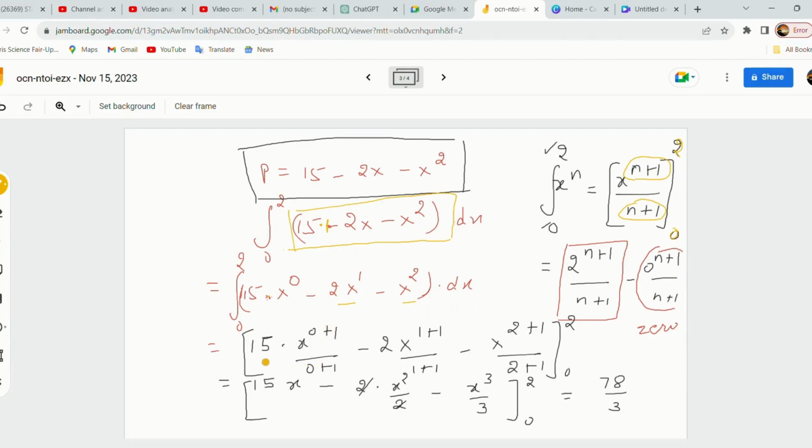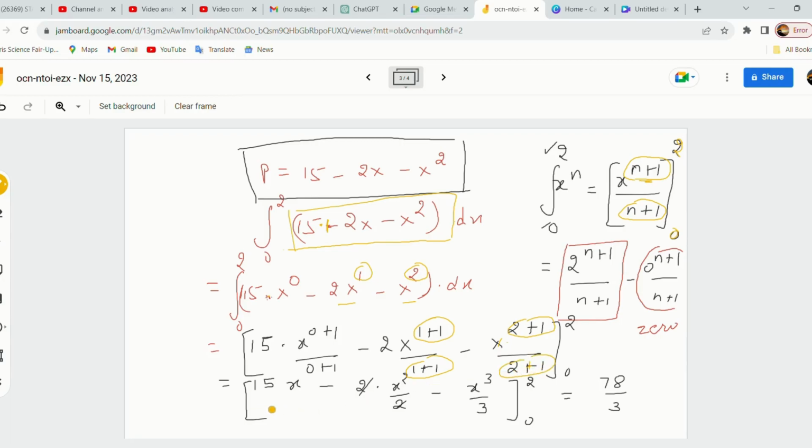This is 15 as it is, x raised to power 0 plus 1, that is this n plus 1, then upon 0 plus 1, minus 2 as it is, x raised to power 1, so we did 1 plus 1 upon 1 plus 1, minus there is x raised to power 2, so we did x raised to power 2 plus 1 divided by 2 plus 1.